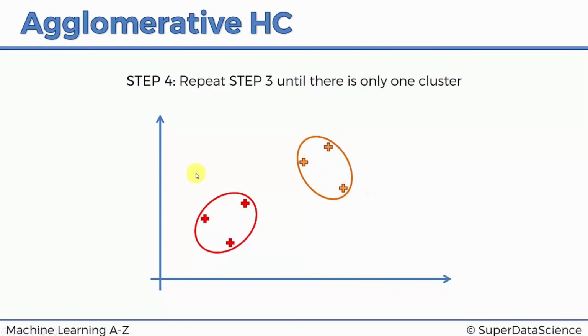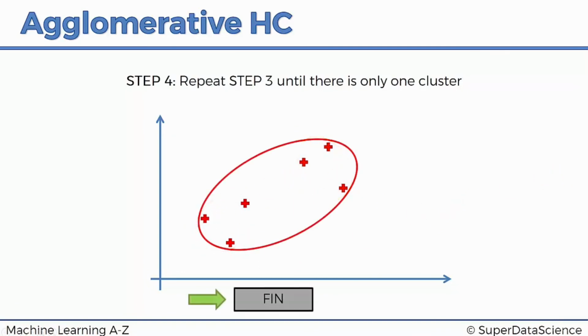And now we've only got 2 clusters left, so the last step would be to combine them because they are by default going to be the closest. So there we go. And so that is the end of our algorithm. That's how it converges. We've gone through the process of going from all points seen as an individual cluster, so each point is an individual cluster, to now we only have one cluster that combines all of the points.